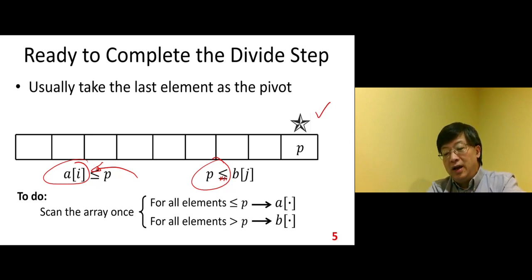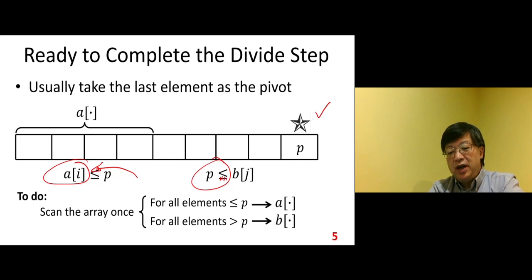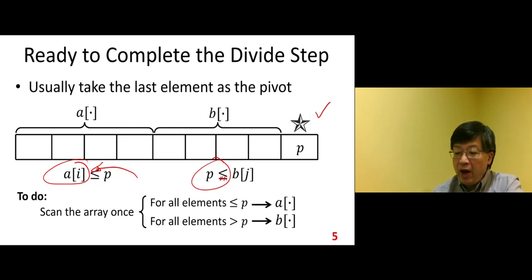Okay. After that, you can see A array, all the elements are in consecutive locations. For B array, all the elements are in consecutive locations. Okay? Because we do comparison with P, so we can get that.